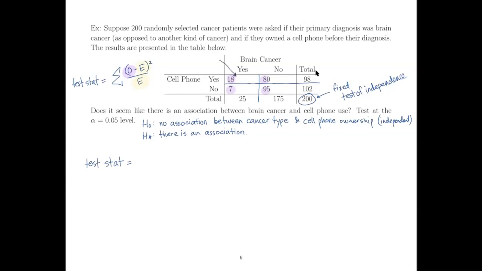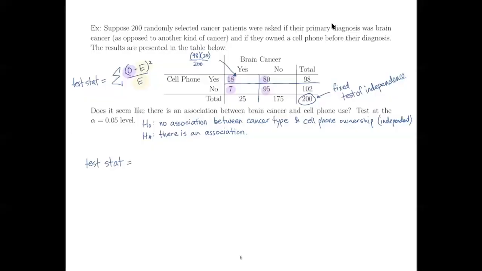The yes cell. So it's always going to be the row total, in this case 98, times the column total, which in this case is 25, divided by the overall total, which is 200. And let me just see if I can pull up and calculate that.